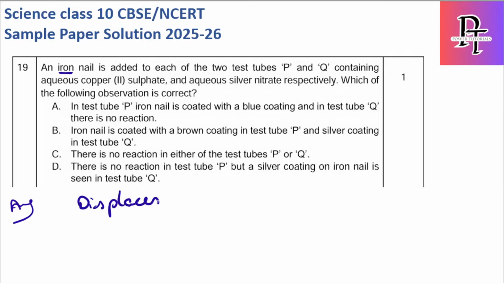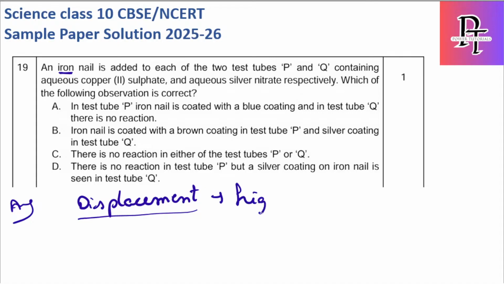So you may be wondering why so much time is being taken for MCQ solutions. My concept is not only to cover the sample paper solutions, my agenda is to cover the topics which are there in the sample paper solutions. So if any question related to this topic comes, you should be able to solve it. Okay. So what is a displacement reaction?